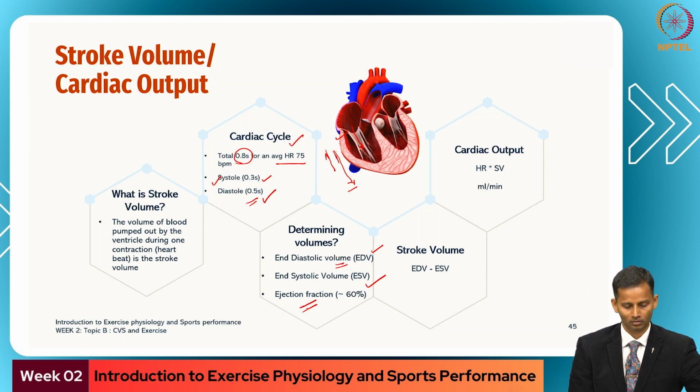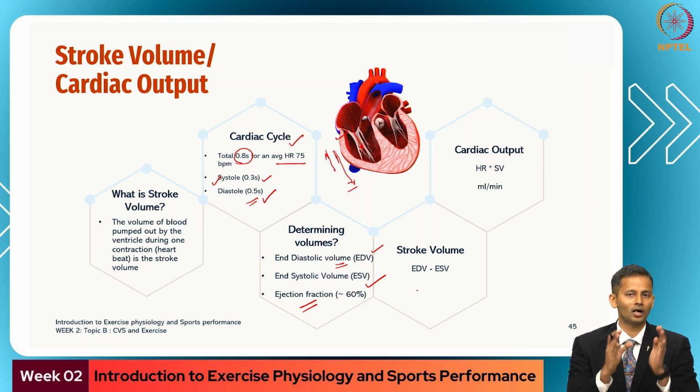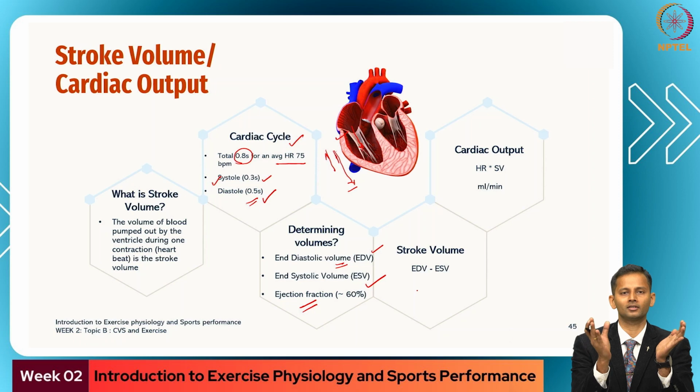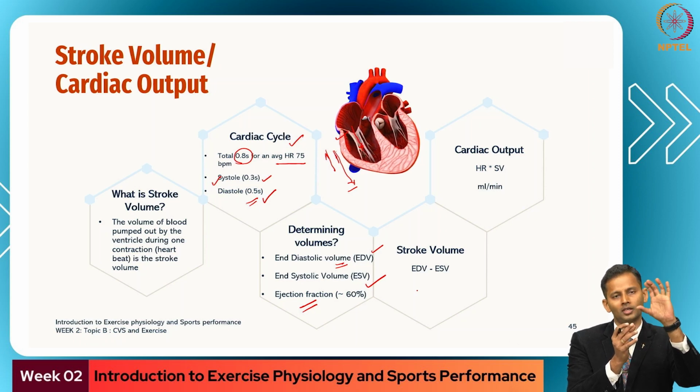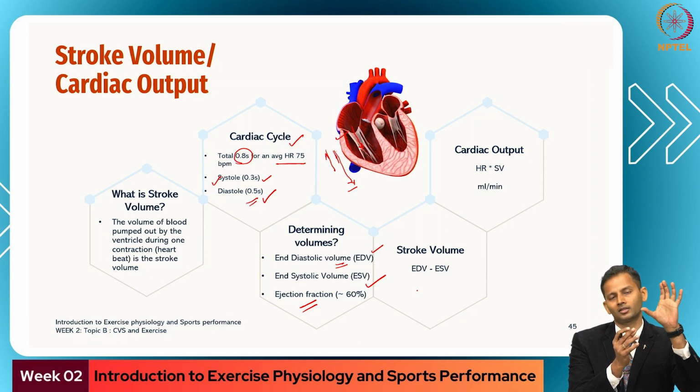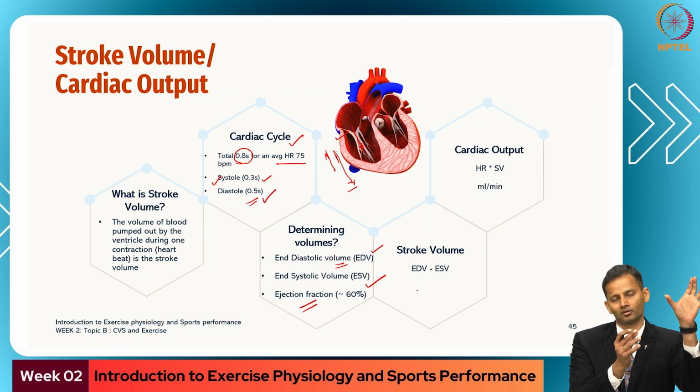So the ejection fraction is the amount of blood that is pumped out, that is the stroke volume, as a fraction of blood that is available in the left ventricle at the end of diastole. So the heart had relaxed, it had some amount of blood at the end of diastole, and then it has pumped. So a certain amount of blood has gone as the stroke volume.